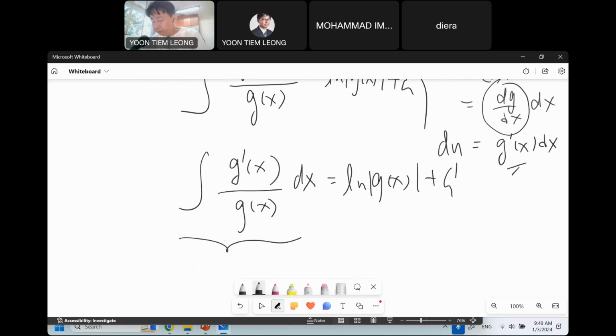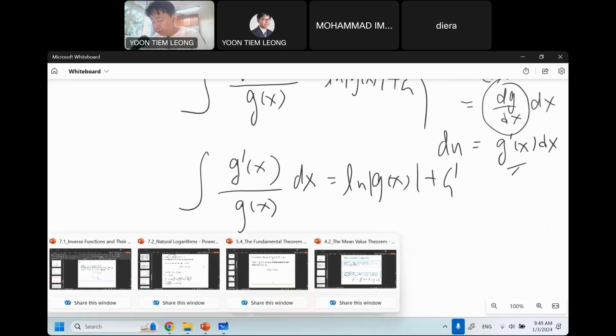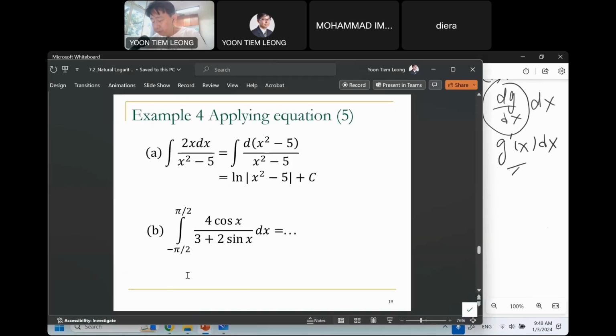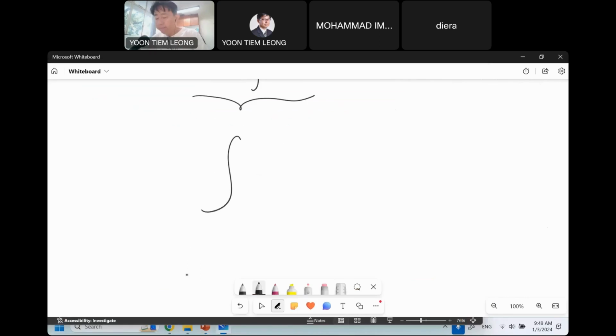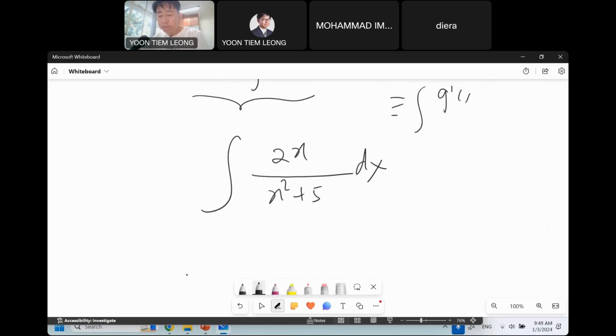A very simple example could be seen from here. Example 4. Here you have this integral in the form of the ratio of 2x over x squared plus 5, and you integrate it with respect to x. This is a typical example of an integral in the form of g prime x over g(x).